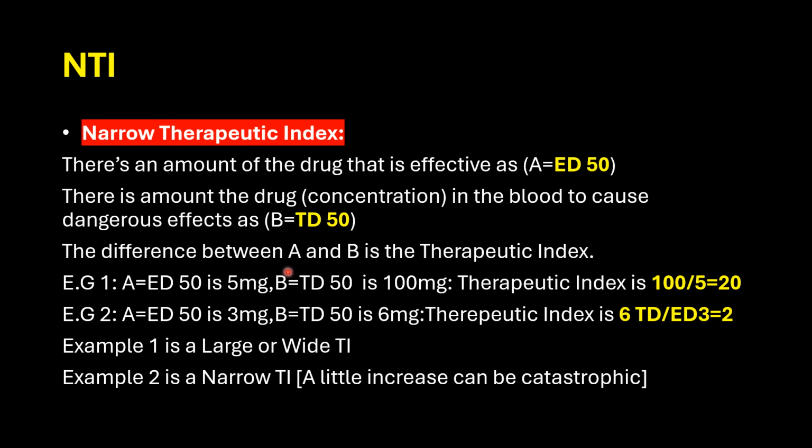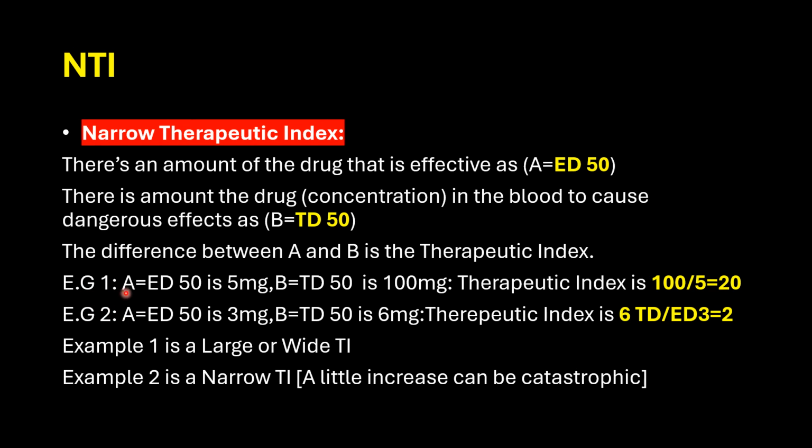The ratio of these two is the therapeutic index. Don't bother your head about all these jargons, yeah? Let me go into the example. That'll make it clearer. I have two examples here.